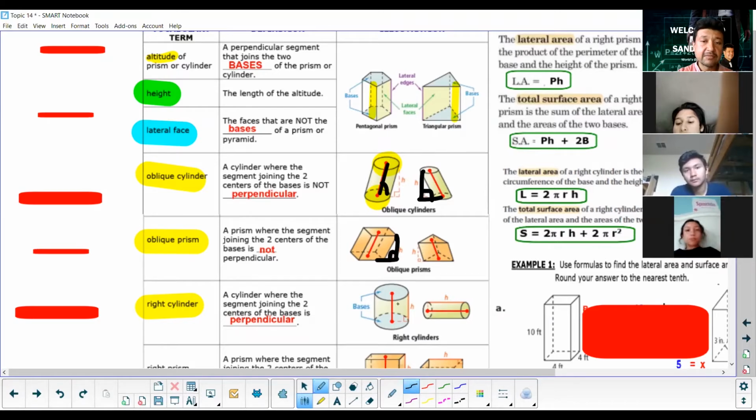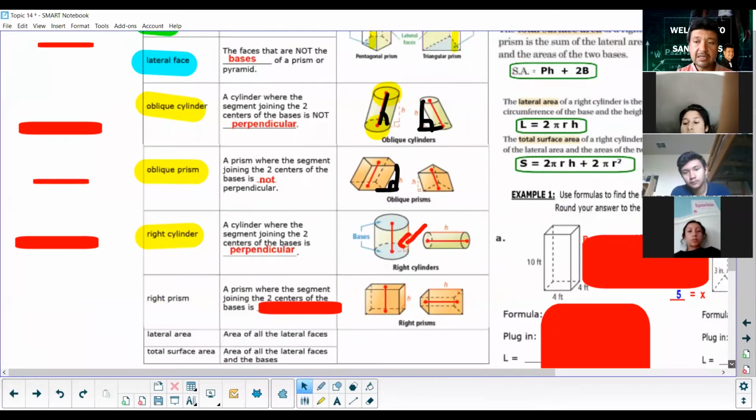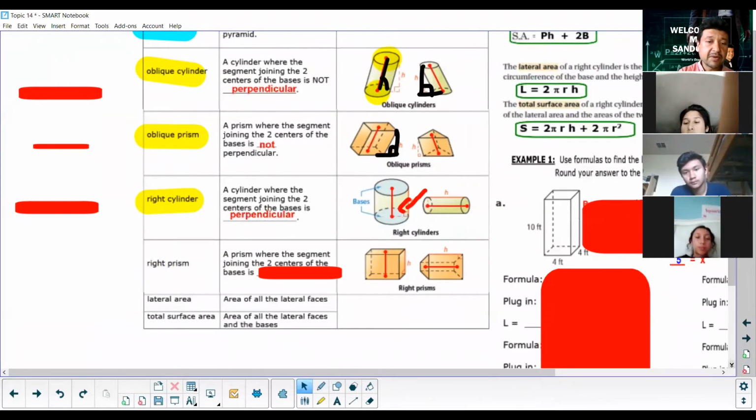So it's easy to discover that solution. Okay, good. Now Celeste, read the next one, right prism. A prism where the segment joining the two centers of the bases is perpendicular.